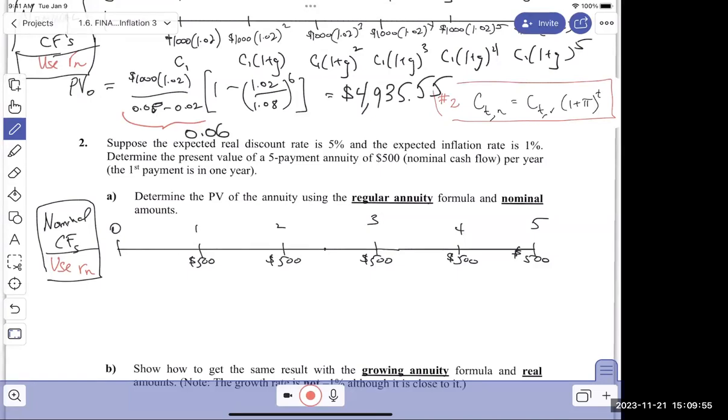Noelia, what's the nominal rate? Patricia, what's the nominal rate?